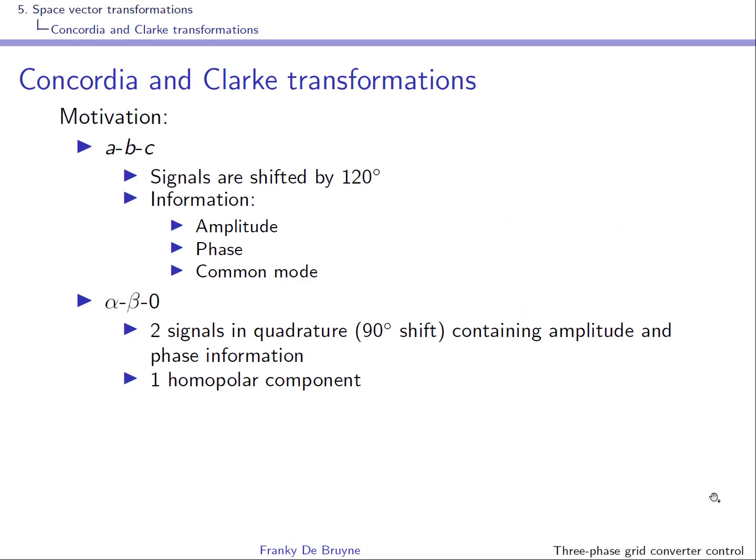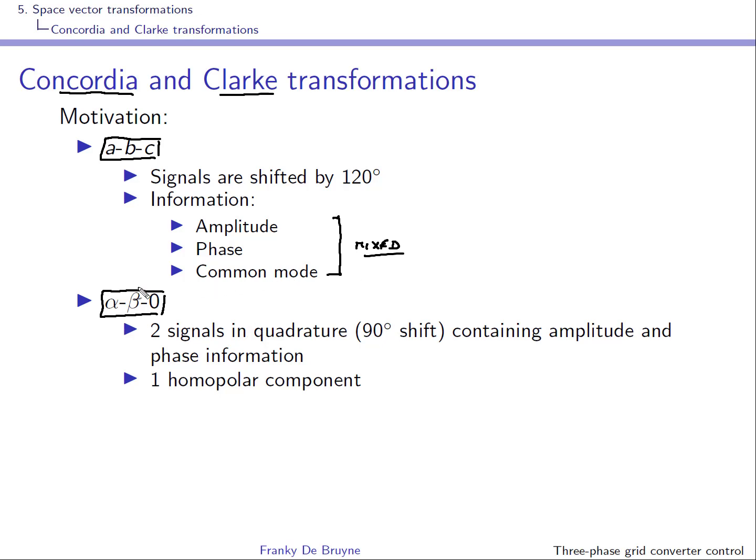Well, we have seen that in the ABC framework the signals are shifted by 120 degrees. There is information about amplitude, phase and common mode, but it's kind of mixed, right? So this is the motivation for the Concordia and Clarke transformations, and they will transform the ABC signals in three signals, alpha, beta and the homopolar components.